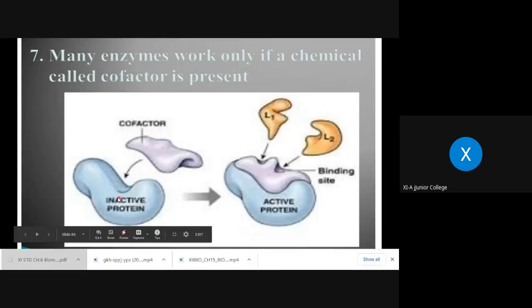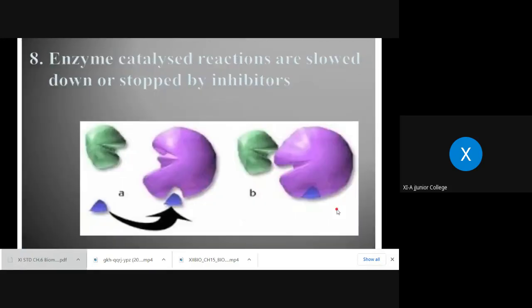Without this cofactor, sometimes enzymes cannot work. So many enzymes work only if the chemical called cofactor is present. Okay, so this is the binding site of the cofactors. L1 and L2 are shown to be cofactors, and this is the protein part, and this is the inorganic, low molecular weight compound, which is the non-protein part.